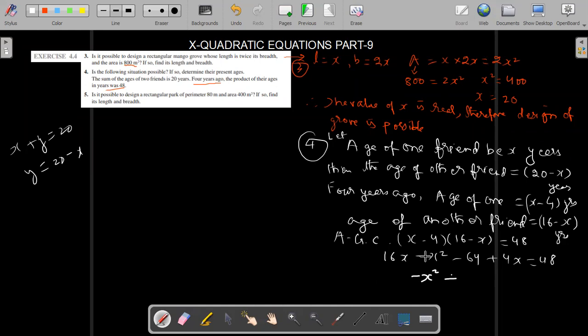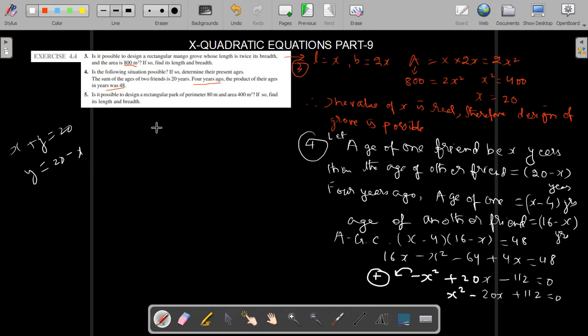Minus x square plus 20x, and 48 will come here, it will add here, so minus 112 is equal to 0. But always you check this should be positive. If it is coming negative, you have to change the sign of the equation. So this one minus will become plus, plus will become minus, and minus will become plus. So this is your quadratic equation.